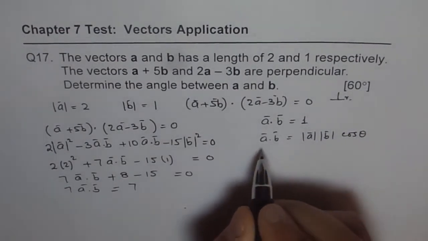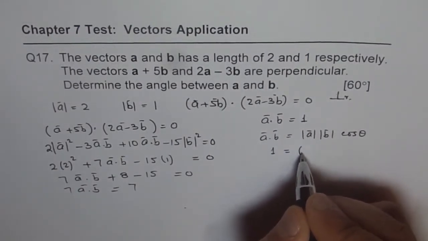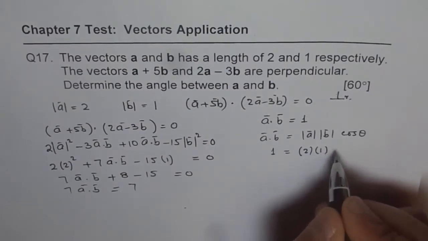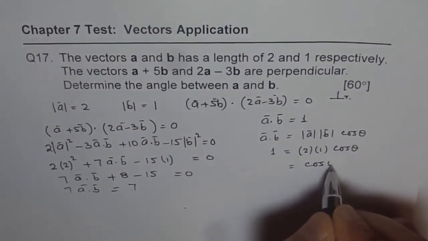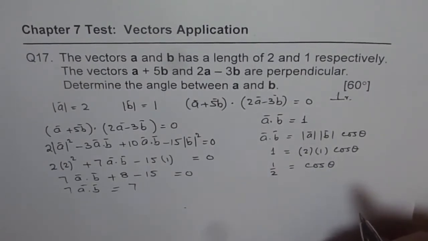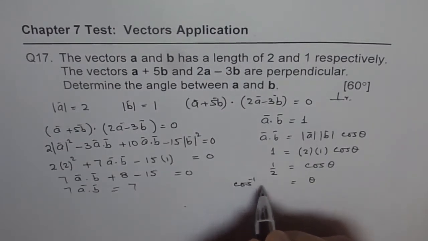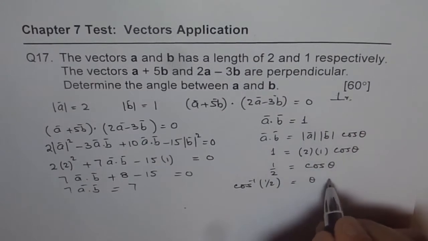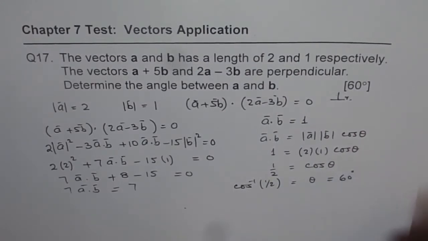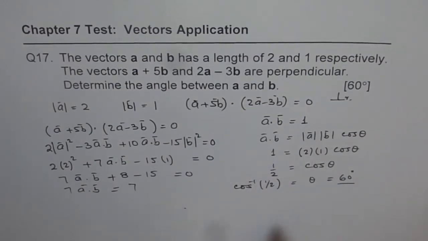So 1 equals 2 times 1 times cos theta. That means cos theta equals 1 over 2. And that means theta equals cos inverse of half, which is 60 degrees. Therefore the angle between A and B is 60 degrees.